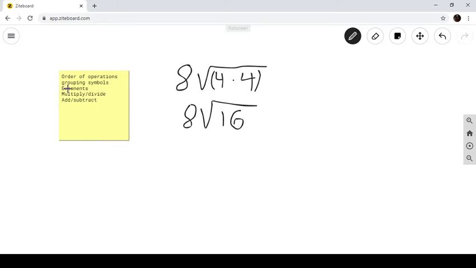Now we move on to exponents. Do we have any exponents? Technically, yes. Remember that I said that exponents are the same as roots. Roots are the same as exponents. In fact, we could rewrite this root as an exponent. So we're going to do this root in our exponents step. So what is the square root of 16? 4.